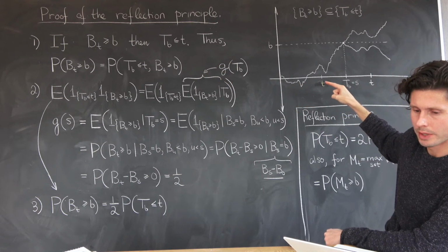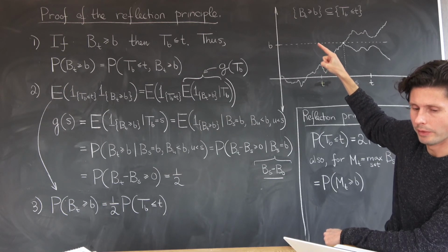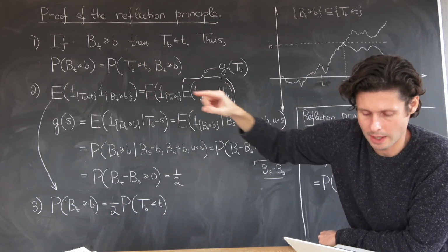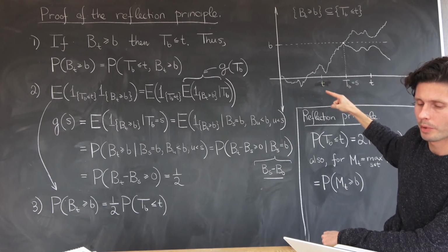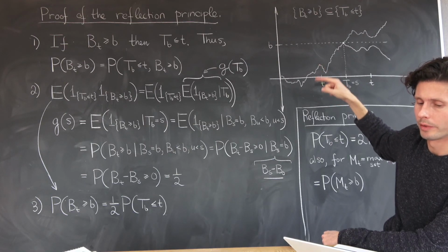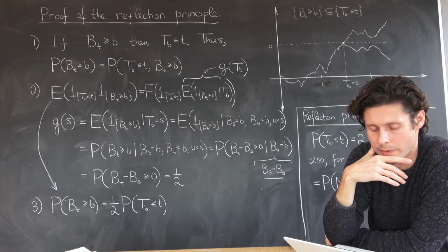And obviously we find that the Brownian motion is strictly below the level b, which is the negation of that statement. If the first time is after whatever present time we're looking at, there's no way we would have reached the level b, simply by the definition of the very first hitting time.